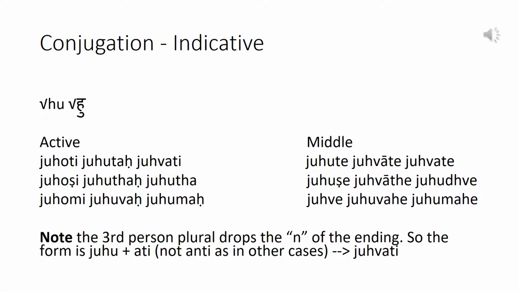Let us now look at some conjugation paradigms. The present indicative of the class 3 root verb hu is given here.